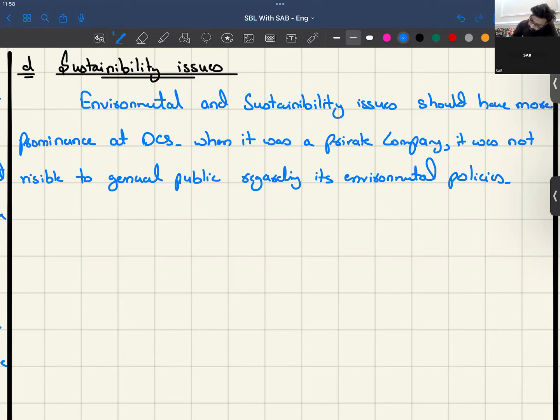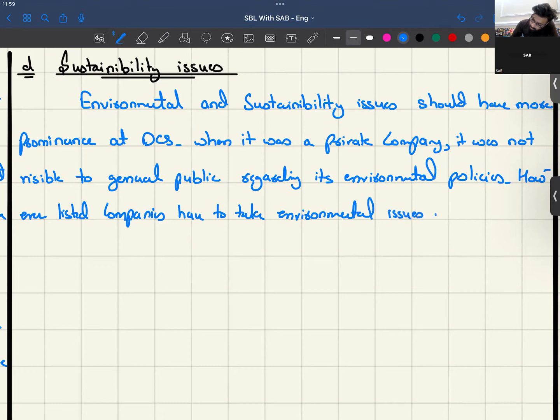However, listed companies have to take environmental issues in its policies, right?